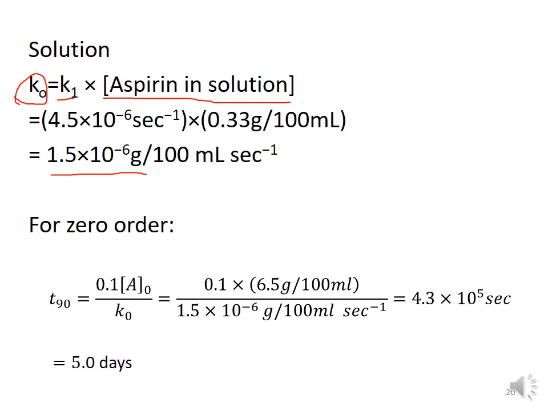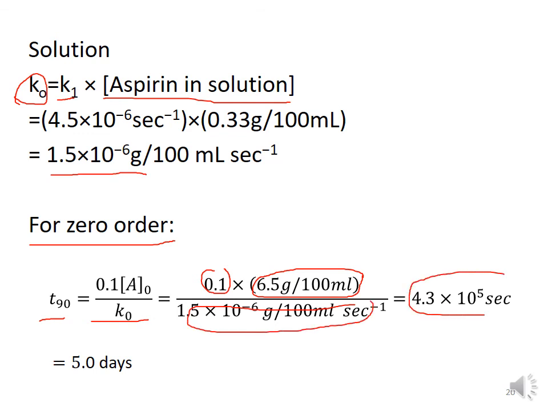For the apparent zero order reaction, in order to determine the shelf life, t90 equals 0.1 multiplied by the original concentration divided by the zero order reaction rate constant. That is 0.1 multiplied by the concentration of the whole suspension, not the solubility, divided by the zero order reaction rate constant, which equals 4.3 × 10^5 seconds, or 5 days. This means that the shelf life of the suspension is 5 days.